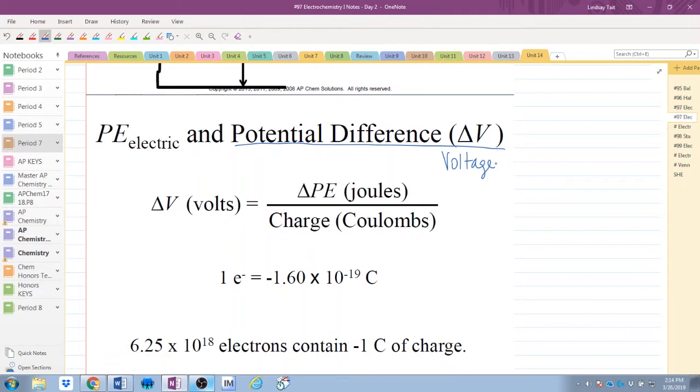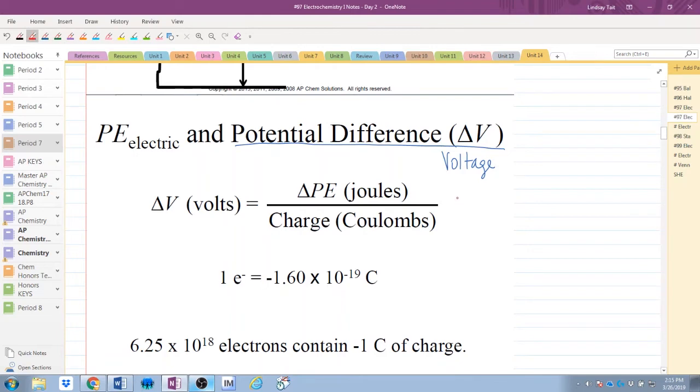What I am telling you is how much energy you can get per charge of stuff moving, which in this case is going to be electrons. It's energy per charge. And you can think of it as the electrons falling off of a cliff. How much energy would they get? But then you're also dividing it by the charge of those electrons. So this equation here, don't panic.